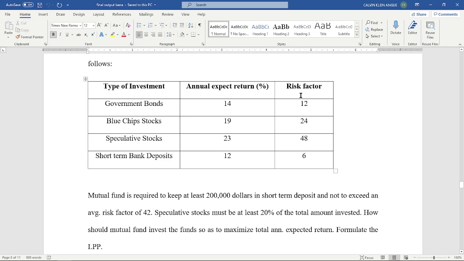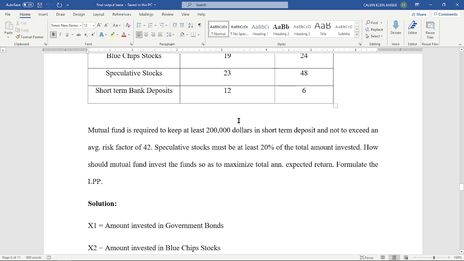The risk factor is 12, 24, 40, and 6. The mutual fund is required to keep at least $200 in short-term deposit and not exceed an average risk factor of 42, and speculative stock must be at least 20% of the total amount invested.